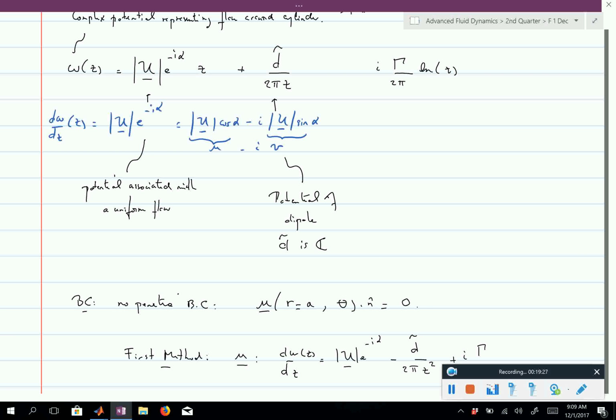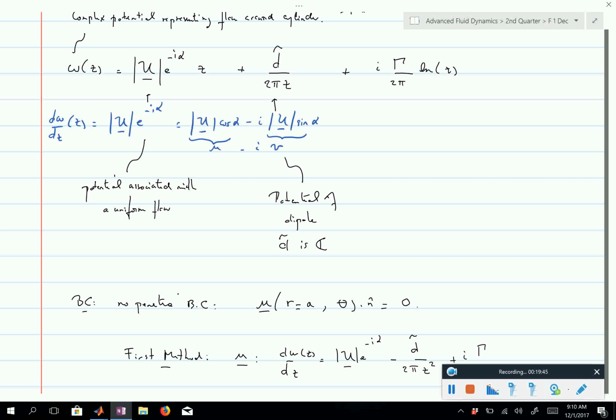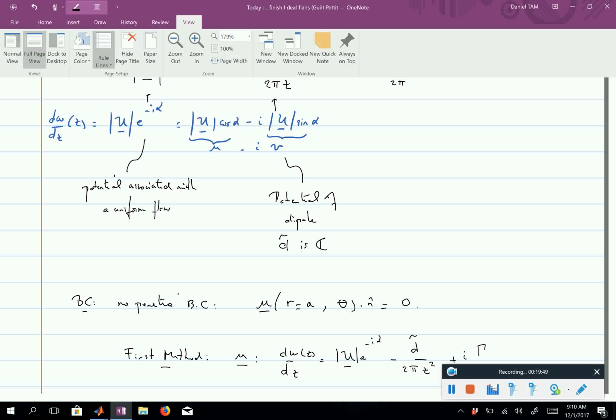Otherwise, if you want gamma positive in this direction, then you need u positive in this direction, but then u is negative, which is weird. So this is why. Let me put a note of that here.